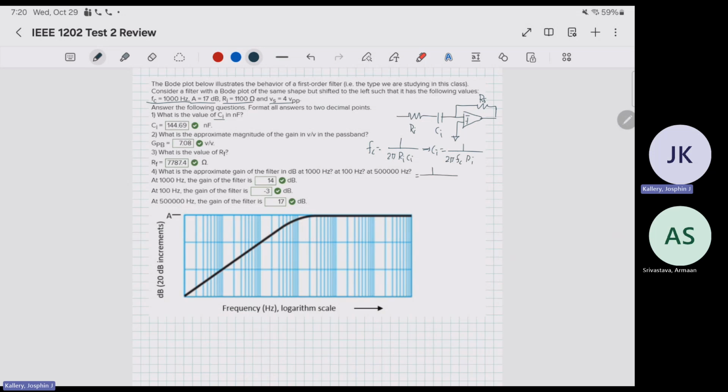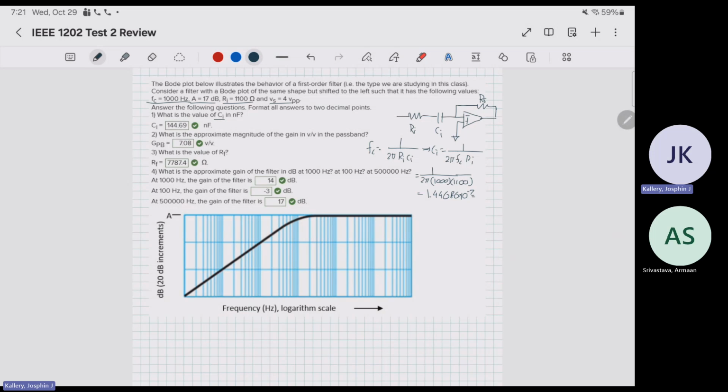So you get 1 over 2 pi, our cutoff frequency is 1,000, and then our resistance is 1,100. And that should evaluate to 1.44686 times 10 to the negative 7. So we can rewrite that. Once again, nanofarads is 10 to the negative 9.